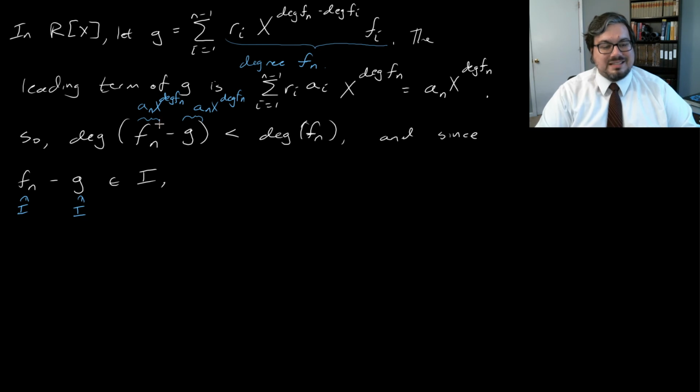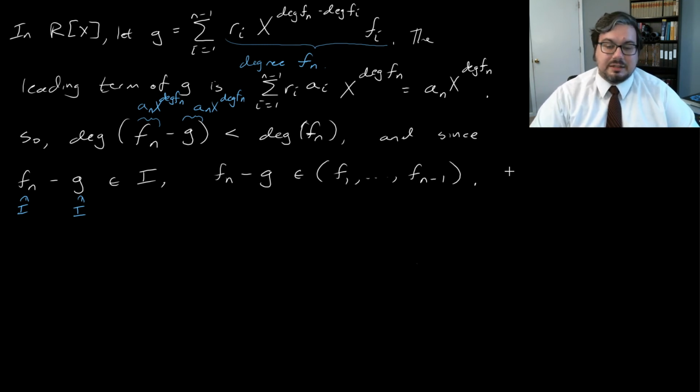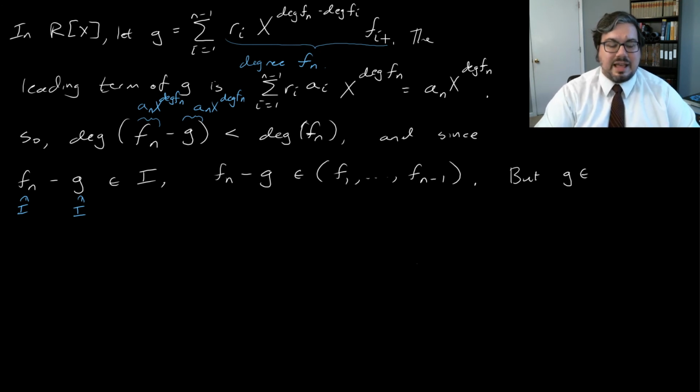Since fn was an element of smallest degree outside of the ideal generated by f1 through fn minus 1, we have to have that fn minus g is contained in the ideal generated by f1 through fn minus 1. However, g is a combination of the fi's where i goes from 1 to n minus 1.